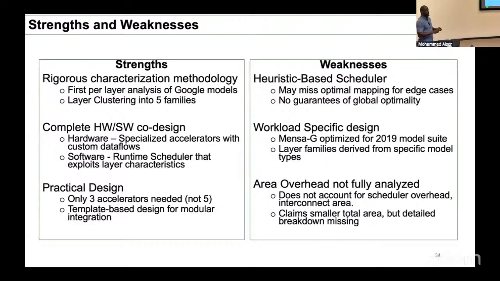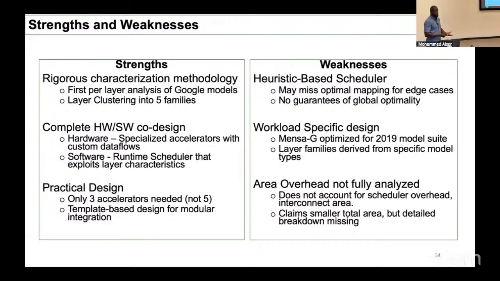I didn't really talk a lot about the hardware, but they designed it to fit into the existing architecture of the Google Edge TPU, so they didn't have to design everything from scratch. And for those 5 layer families, you don't need 5 different accelerators. You just need 3 that can handle these workloads at a high level.